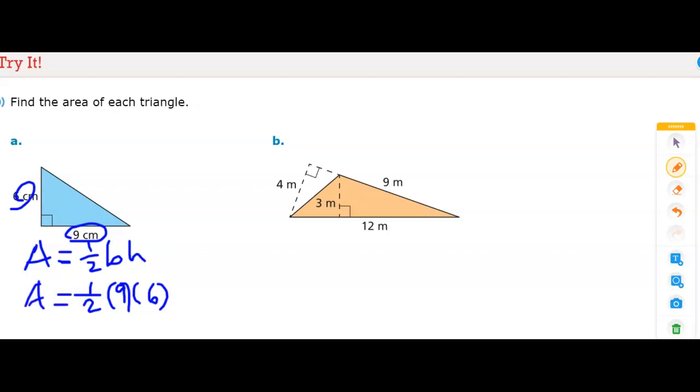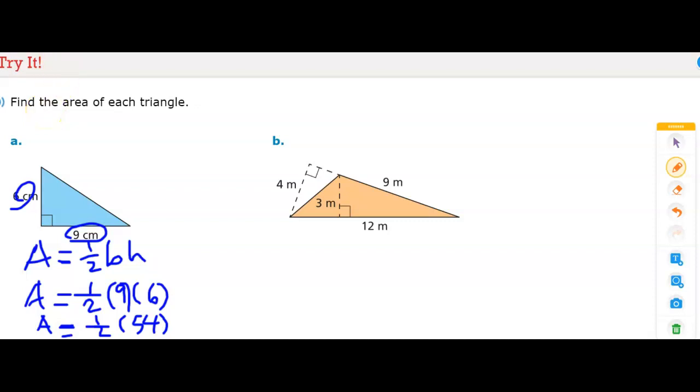You do 9 times 6, which is 54. I'm just going to show that. It's going to be 54. And then 1/2 of 54 is going to be our area.